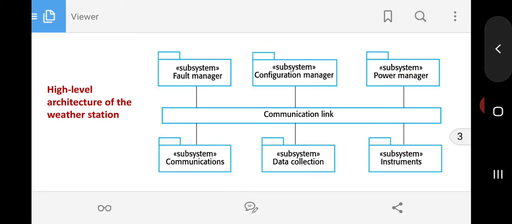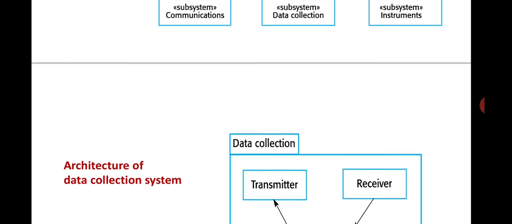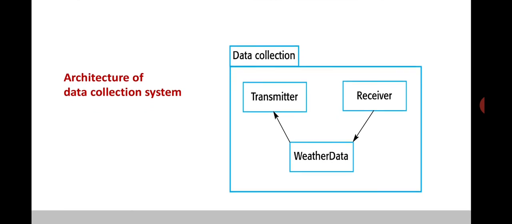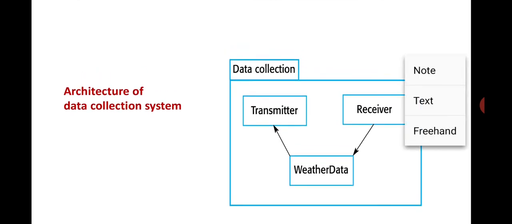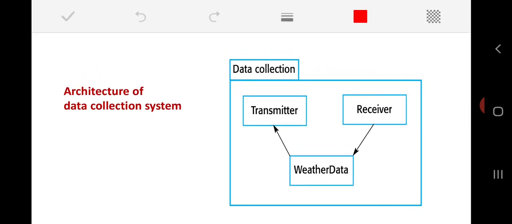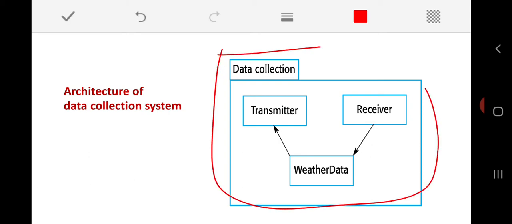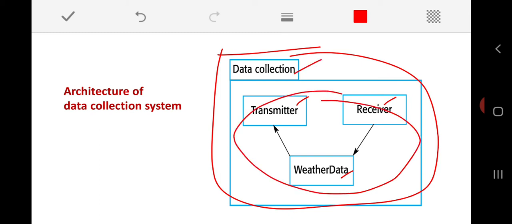Once again, a subsystem may consist of subsystems within it, or a subsystem may be made up of different components. For example, the data collection subsystem consists of three different parts: a transmitter, a receiver, and the weather data. All together we call it data collection.